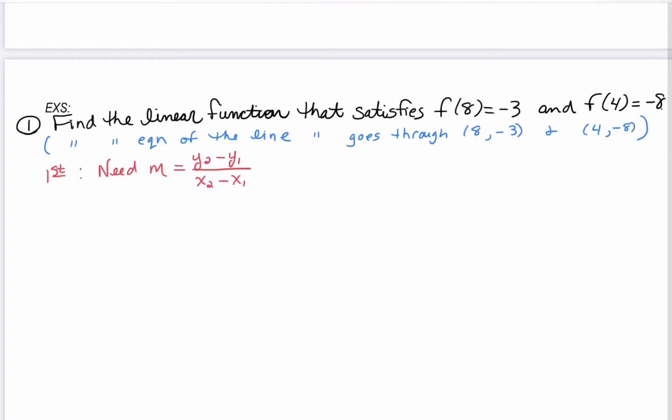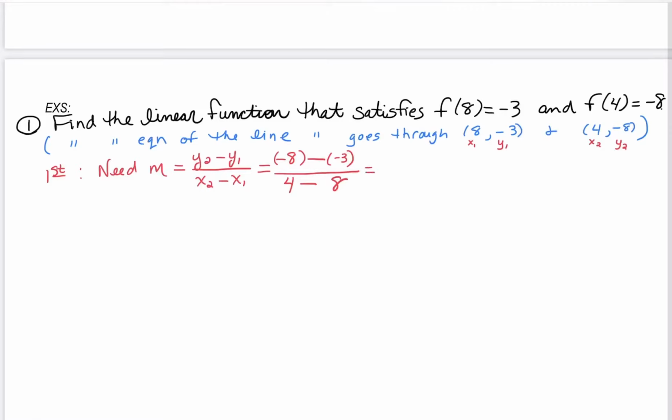So remember, slope is change in y over change in x. If you want to label one point as (x1, y1) and the other as (x2, y2), you could do that if you find it helpful. So our y2 is -8, minus, which is part of the slope formula, the y1 is -3, divided by the x2, in this case 4, minus, in the formula, and then the x1 is 8.